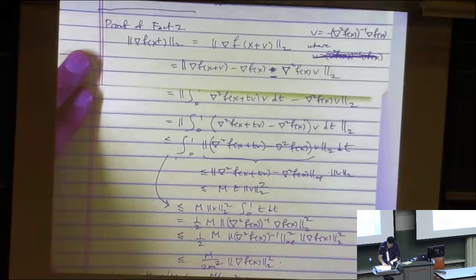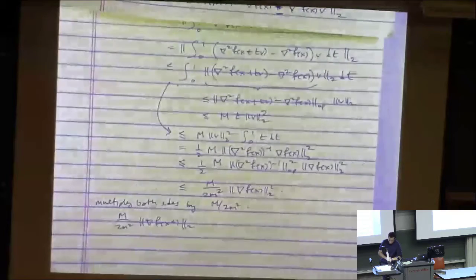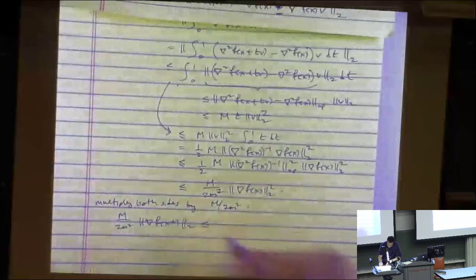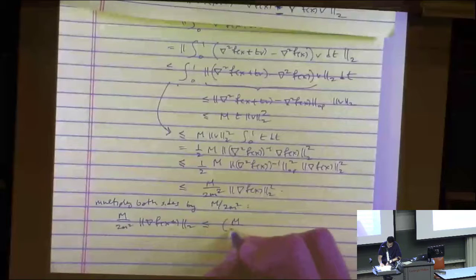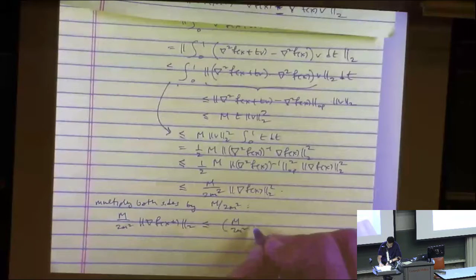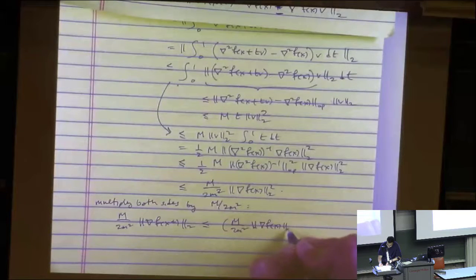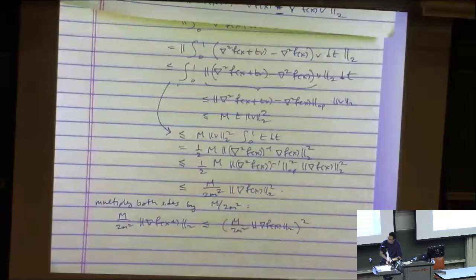We get m over 2m squared times the gradient at the next iteration is bounded by the square of this same quantity at the current iteration. Okay, so that was our proof of fact 2.